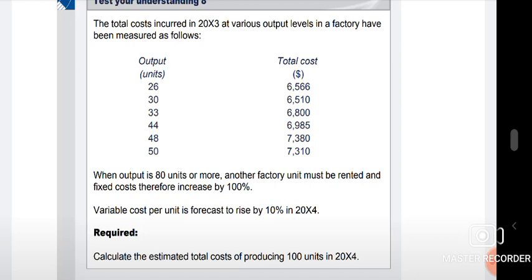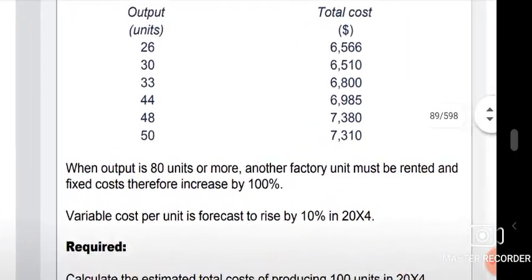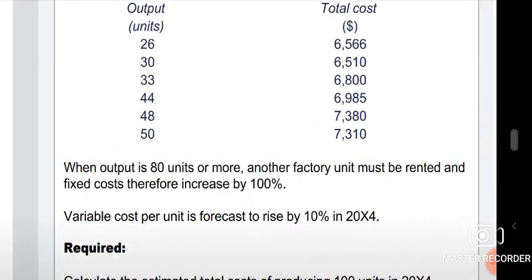So just from that statement, we will have to increase our fixed costs by 100% if the output we want to produce is more than 80. So this mostly applies to the output that you're now planning to produce, and if that output you're planning to produce is more than that stated limit, then you have to increase your fixed cost. It's a must.